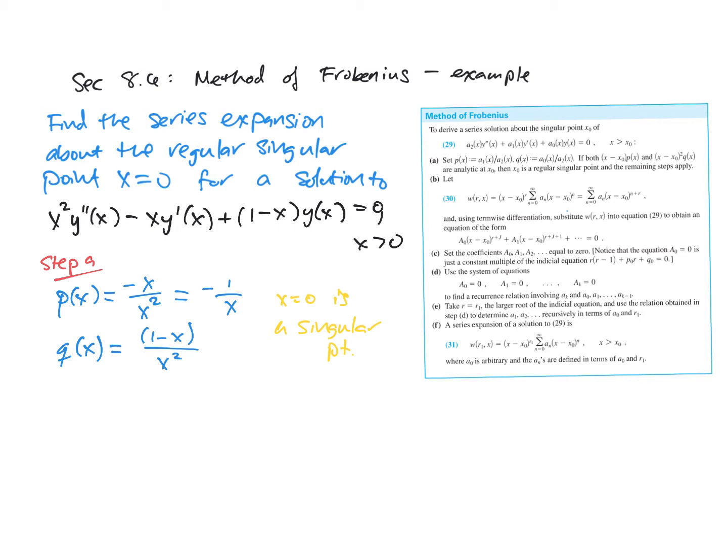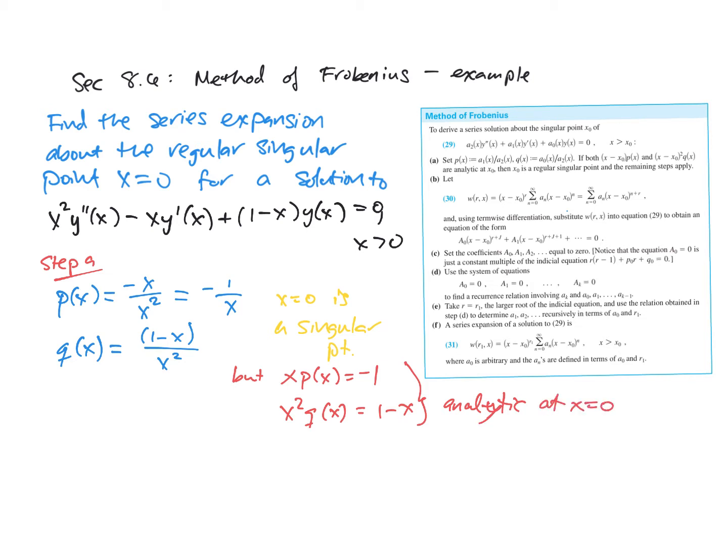But if you multiply P by X and multiply Q by X squared, then you get X P of X equals negative 1, and X squared Q of X equals 1 minus X, which are both analytic at X equals 0.